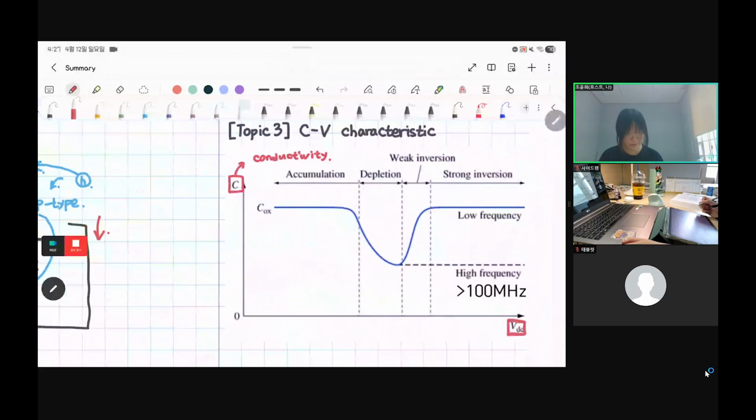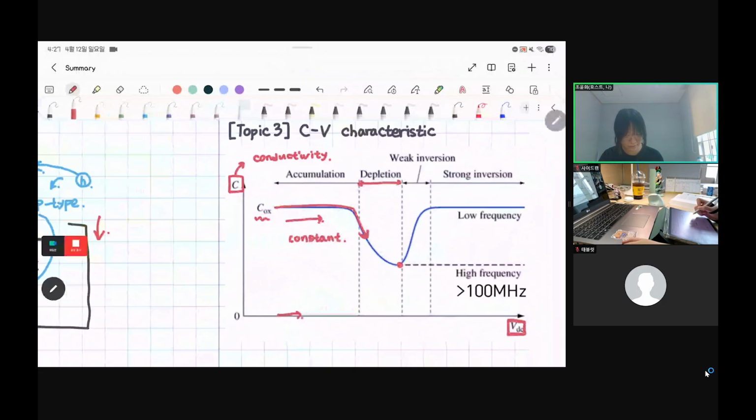And as the voltage gets higher, first, in this accumulation part, the capacitance stays constant. But in the depletion part, the capacitance goes down.